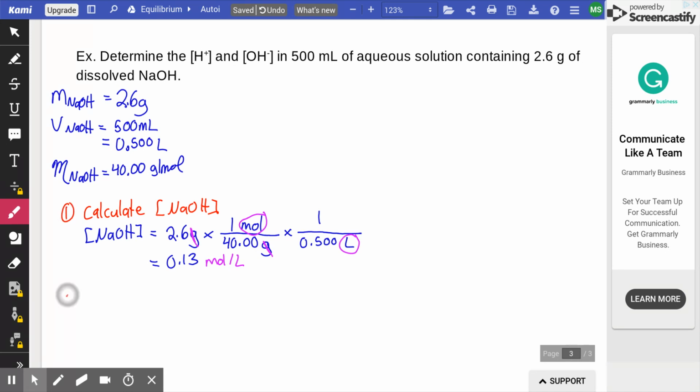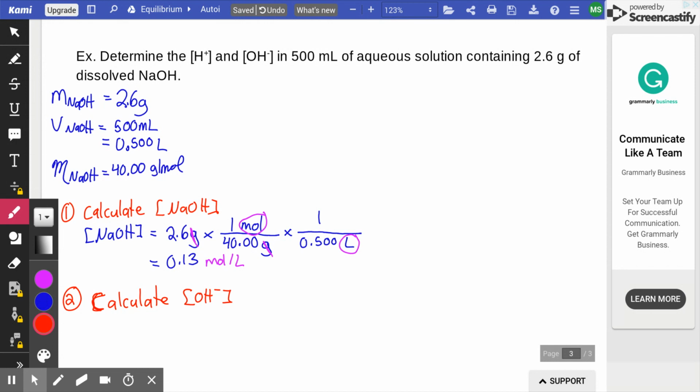Now we have to take that concentration of sodium hydroxide and calculate our hydroxide ion concentration. That's really easy because this is a group 1 base, so it is a 1-to-1 ratio. The concentration of sodium hydroxide to hydroxide ion concentration is 1-to-1.